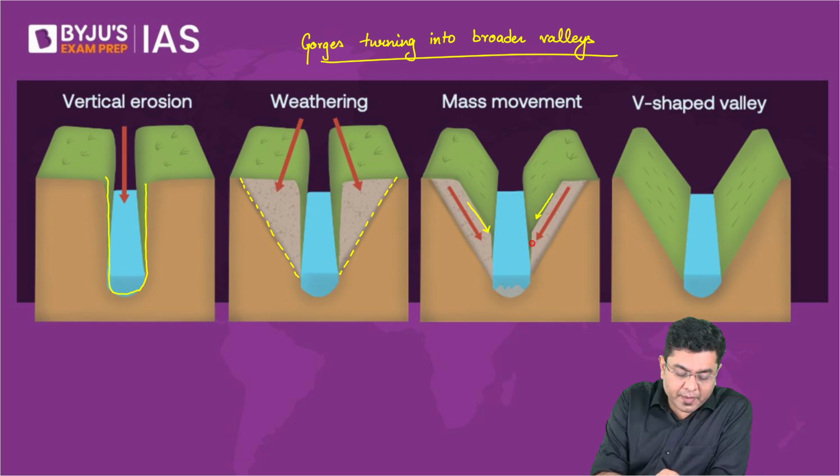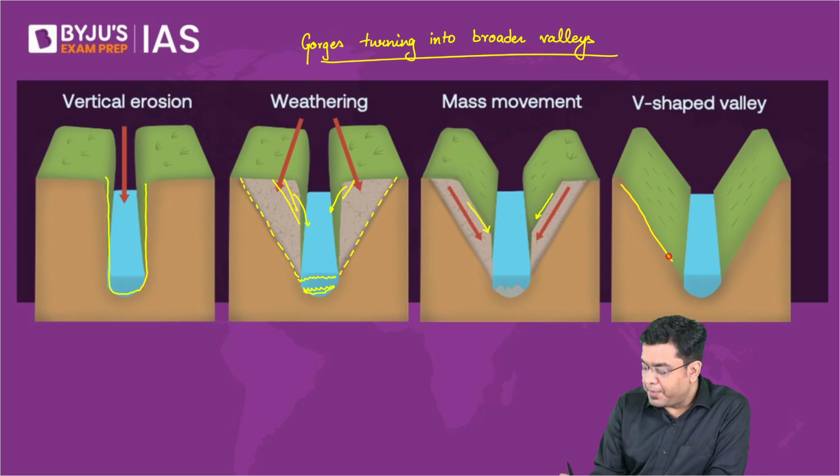Slowly and steadily, there will be mass movement, maybe here it will fall down, all of that will start getting deposited here, then furthermore it will fall down, it will start getting deposited here, it will get broader and broader, and eventually observe how you have the formation of a kind of a V-shaped valley.